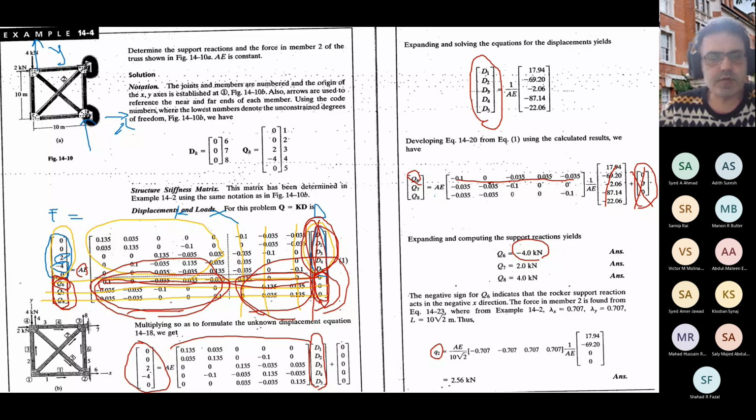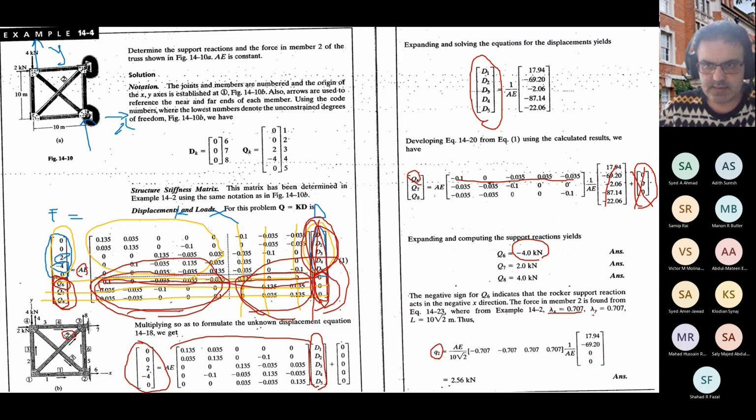Q2, for example, is the internal force, which is either tension or compression, axial force in element number 2. If you take a look here, element number 2 is connecting node number 1 to 3.